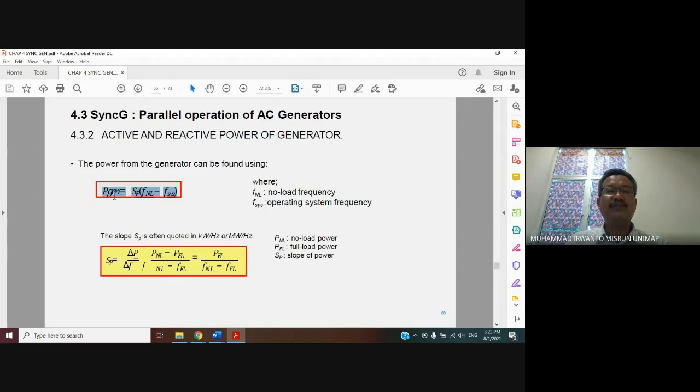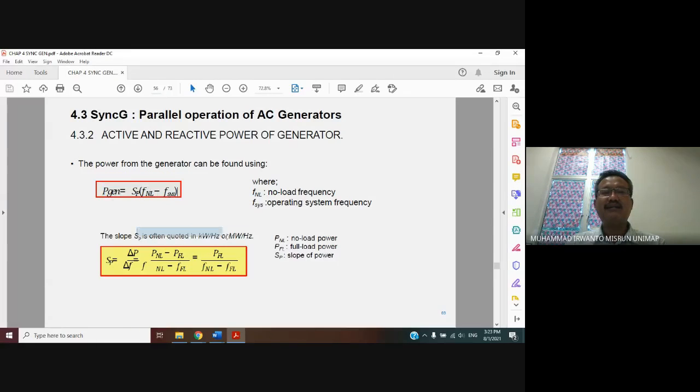It is given by generated power equal to slope of power-frequency multiplied by no load frequency minus the frequency of the system, F sys, the operating system frequency. The SP we can also find from the frequency versus power curve.